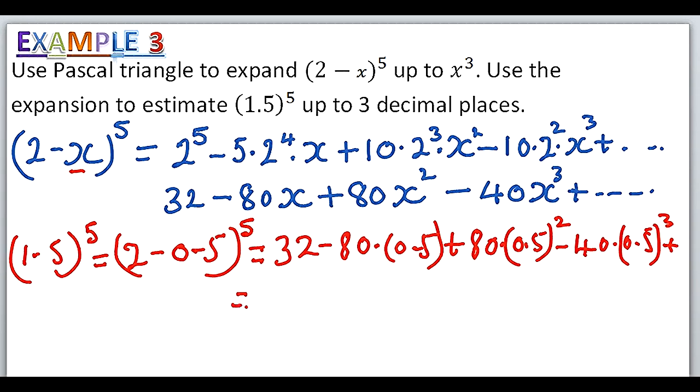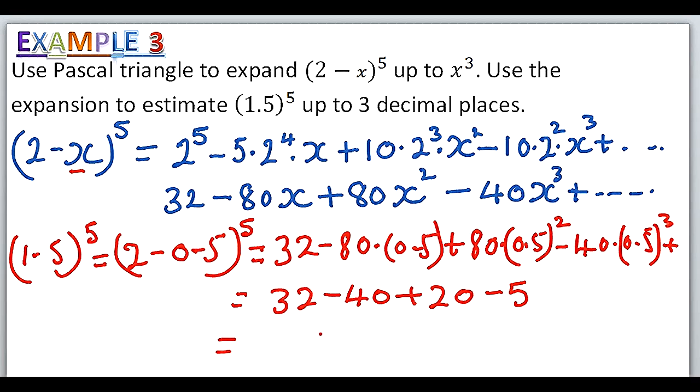So this is equal to 32 minus 0.5 times 80, it will give us 40. Then we have plus 0.5 squared multiplied by 80, you get 20. Then we have minus 0.5 cubed multiplied by 40, you get 5.